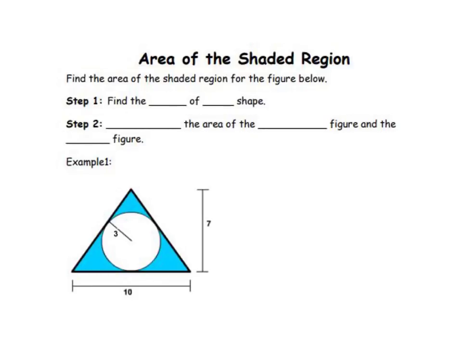Now this one's already marked. You have what 2 figures? A circle and a triangle. Okay, so what you would do is find the area of the triangle first. Okay, so it'd be find the area of the whole figure.